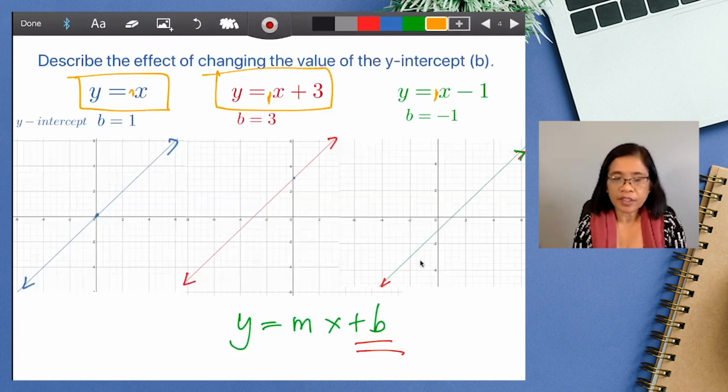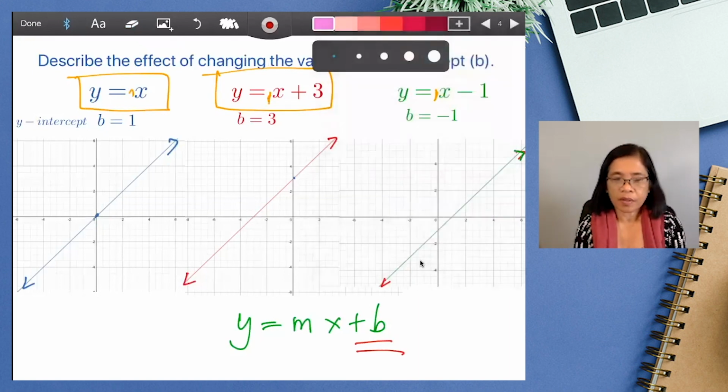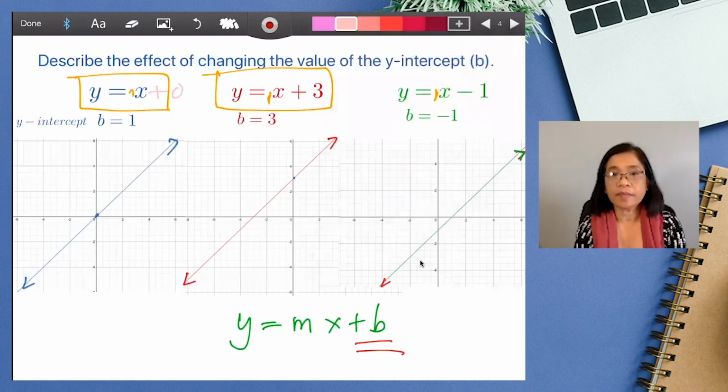However, we are changing the value of b, or the y-intercept. So in this case, I have here plus 0. It's understood to be plus 0. And plus 0 here, plus 3, and minus 1.